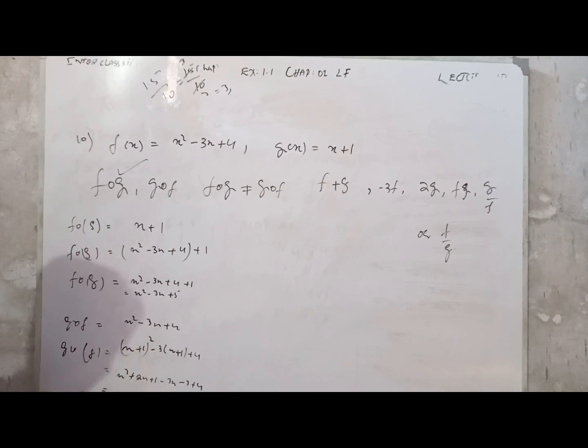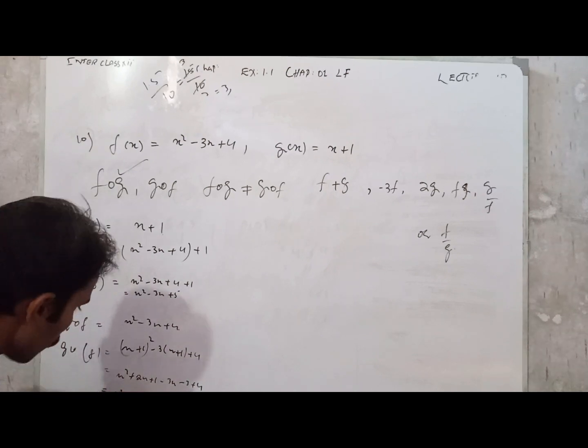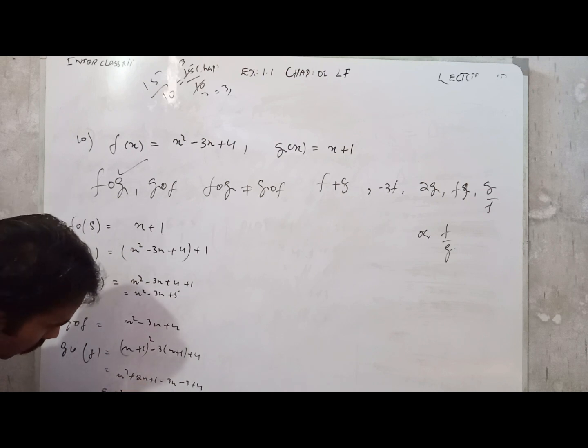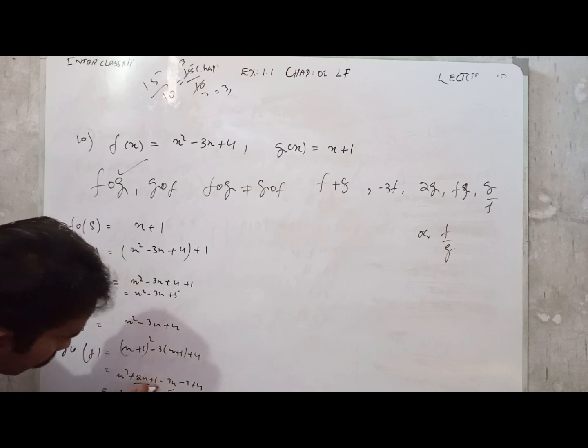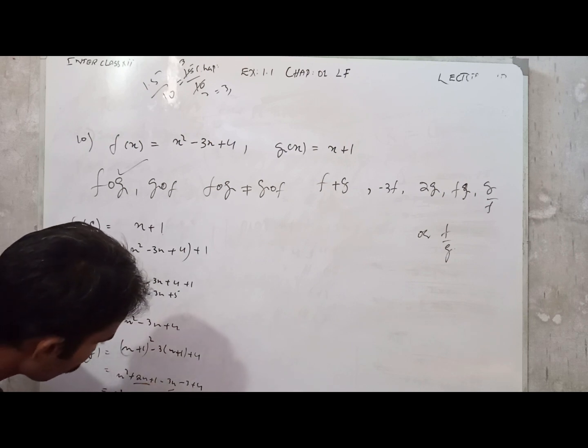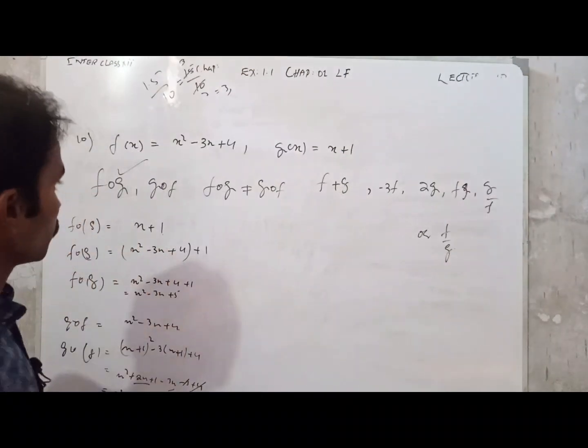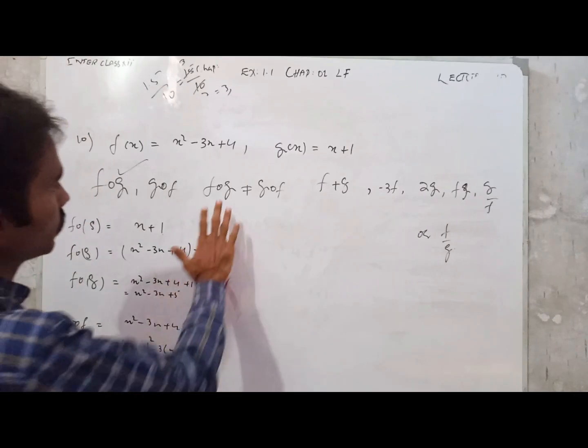So what we have to do? We just take x square, and 2x minus 3x will be minus x, and plus 1 minus 3 plus 4 gives plus 2. So it is x square minus x plus 2.